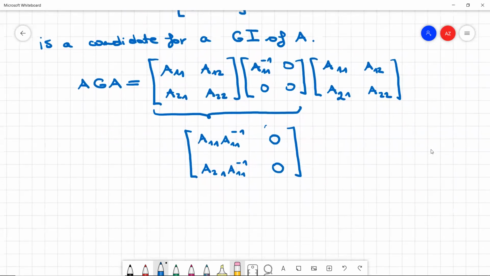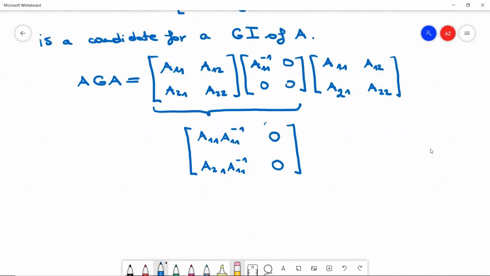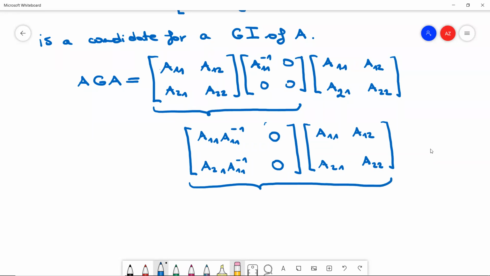Okay, this is the first multiplication, and then we have to multiply this matrix with A. So I only wrote this A again here, and I will calculate here.